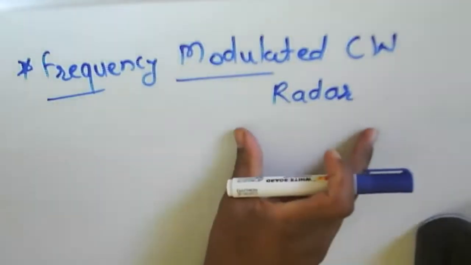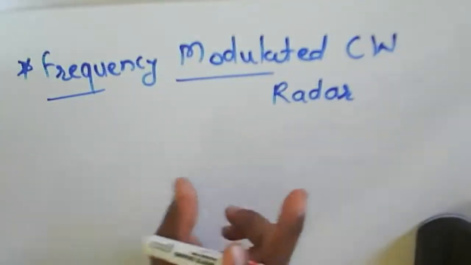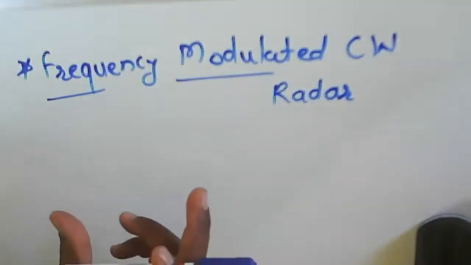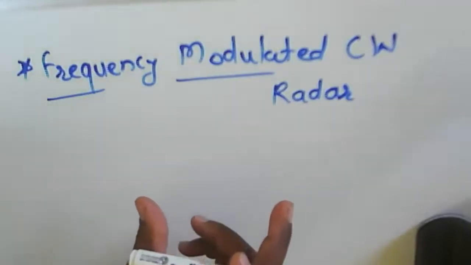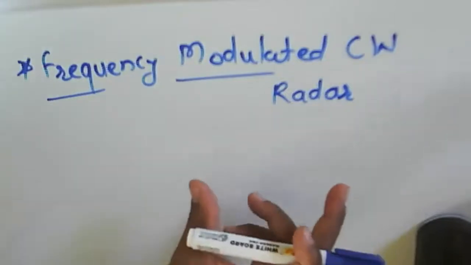If you compare here, the CW radar is used for a narrow band of operation.